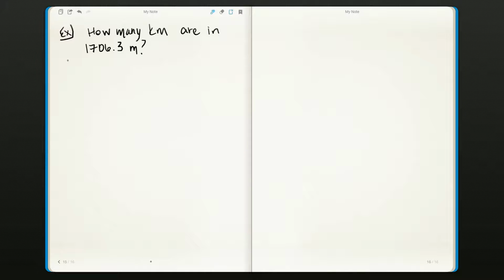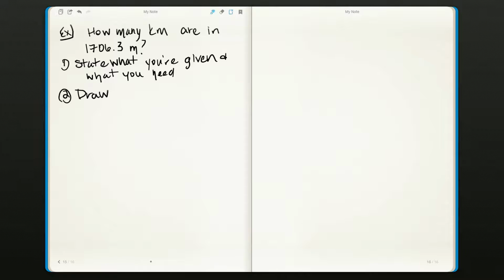Okay, so again, here are the steps. 1. State what you're given. And what you need. 2.